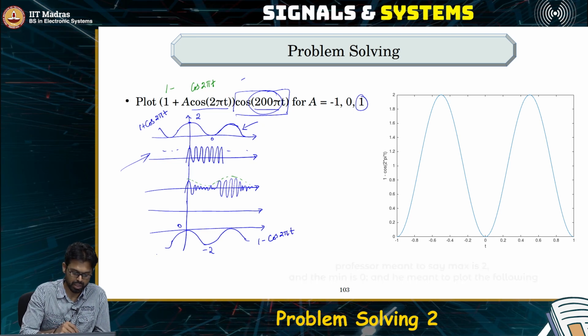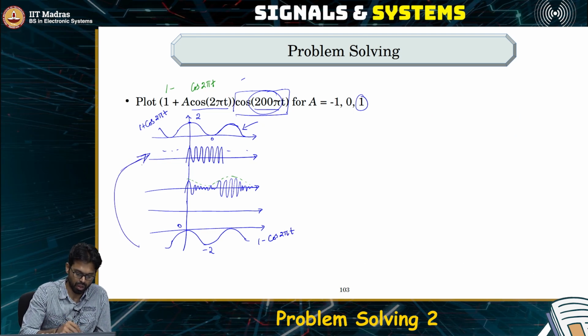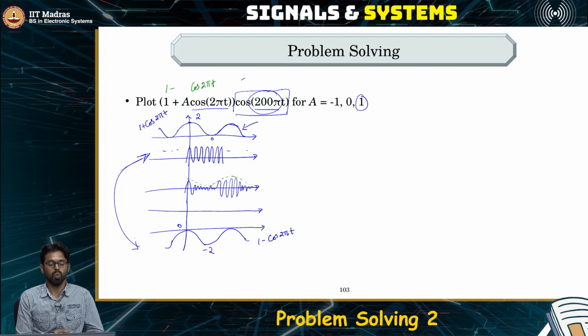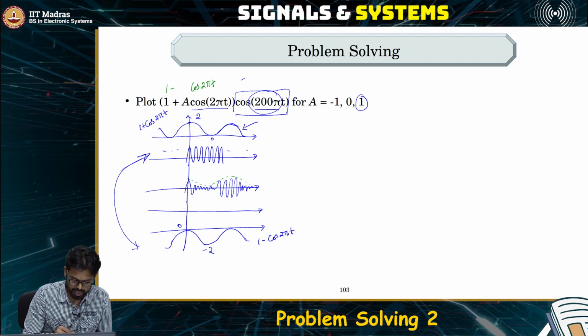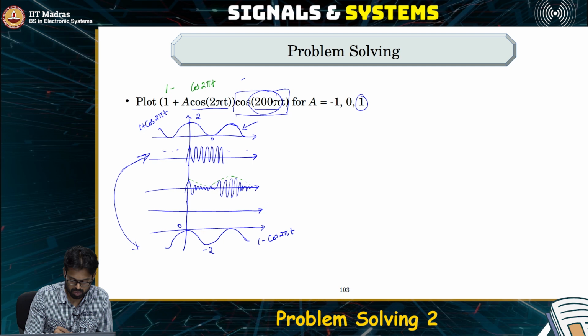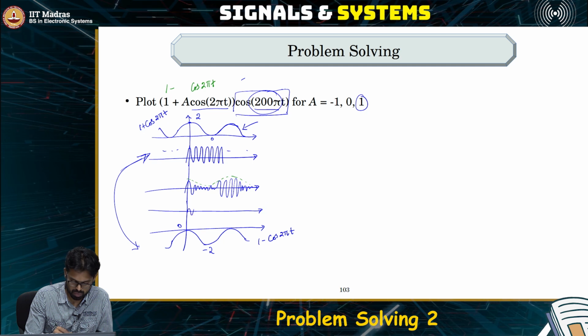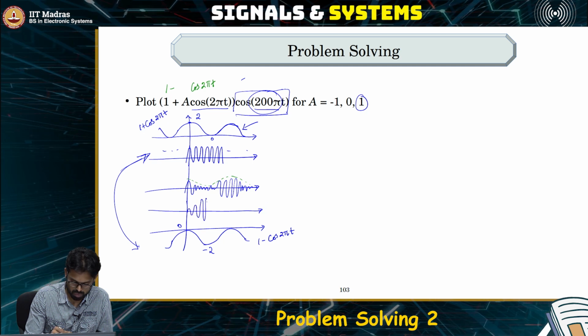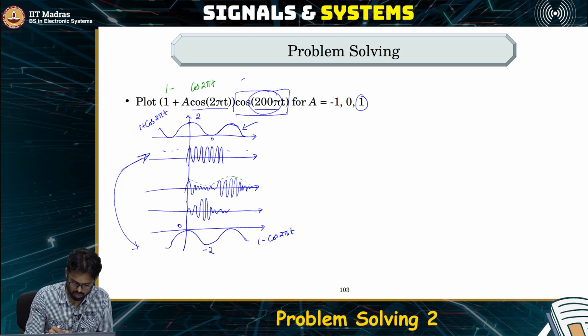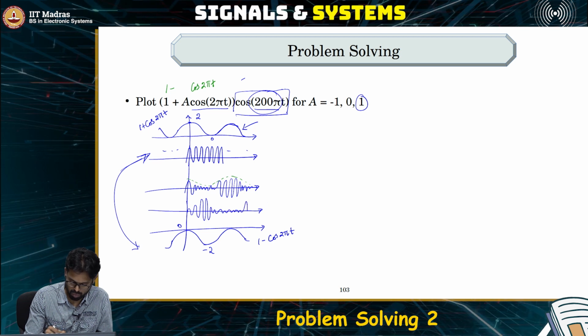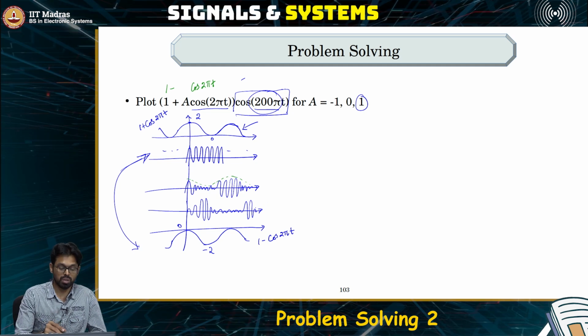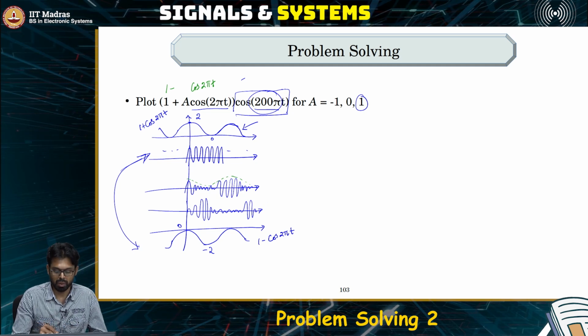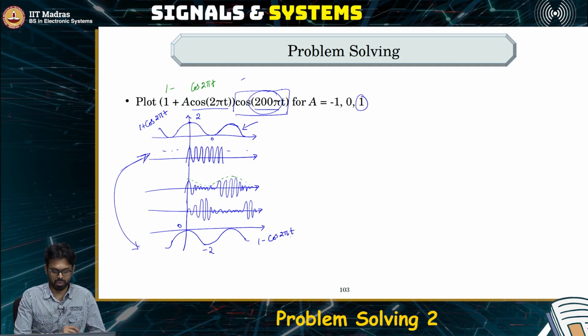Now, if you multiply this signal with our high frequency signal, what would we get? We will get, so this is what we would get when you multiply 1 minus cos 2 pi t with a high frequency signal.